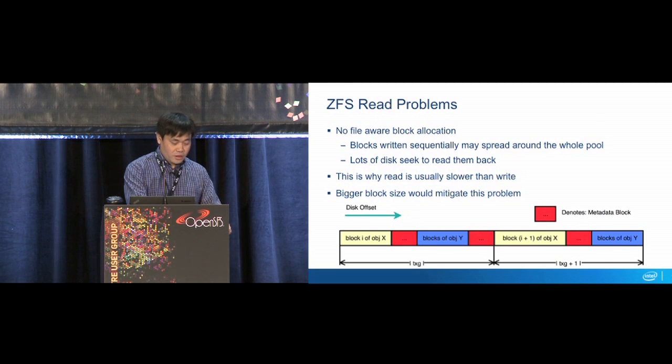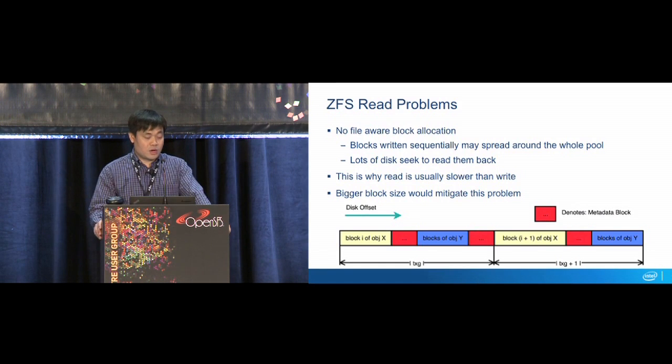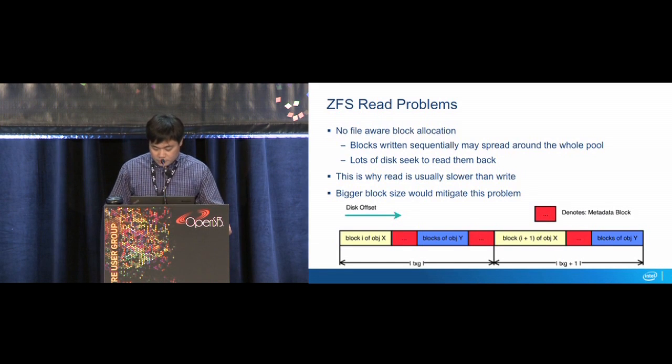So this is why ZFS read is usually worse than write. Actually, a big block size would mitigate this problem, because each block on disk becomes larger.